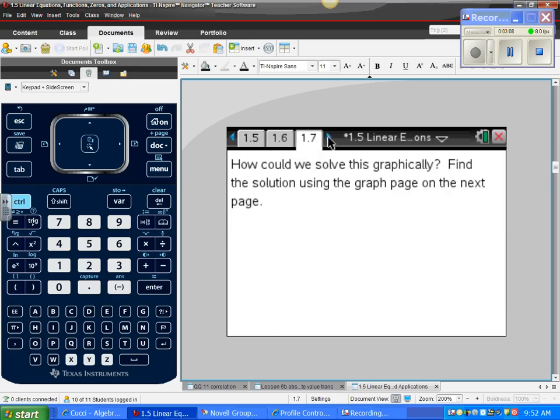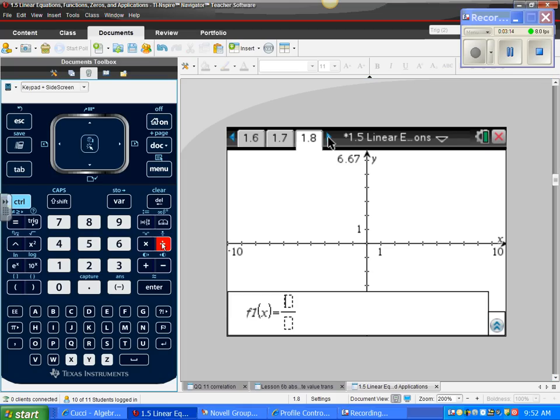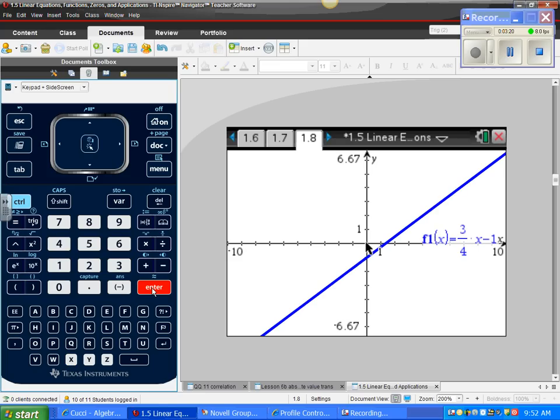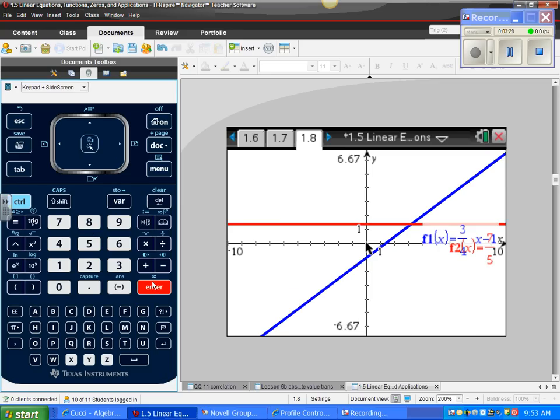So what we could do to solve it graphically is graph each side of that equation. So we start with our left side, which was 3/4 x minus 1. And then we graph our right-hand side, which was 7/5. Okay. The solution to the equation is their intersection point.